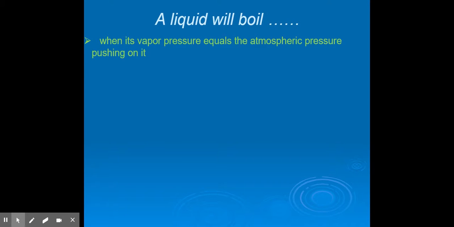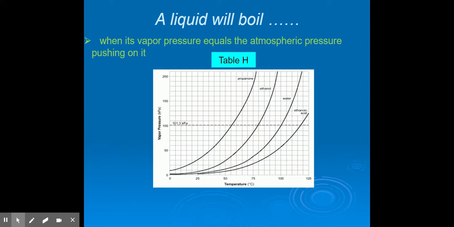We've talked about water at standard pressure having a boiling point of 100 degrees Celsius, or if you want to convert that to Kelvins, 373 Kelvins. For those people who haven't converted to Celsius or Kelvins, in case you want to know, that's 212 degrees Fahrenheit, but we're going to talk about Celsius. So a liquid will boil when its vapor pressure equals the atmospheric pressure pushing on it, and I'll try to show you some images for this.